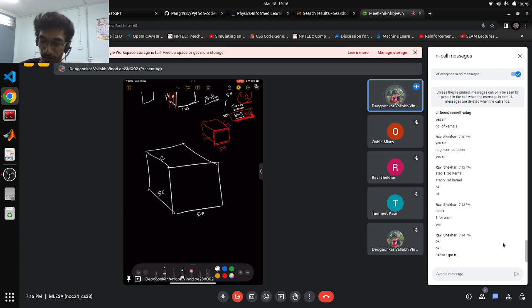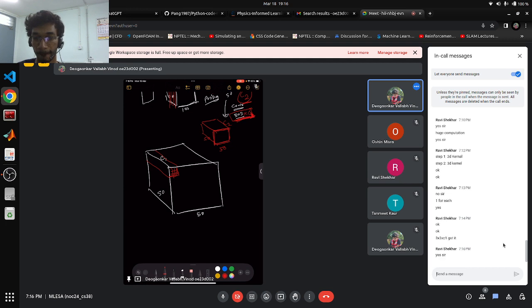So 50 cross 50 cross C1, I took a kernel like this, so it was overlapping on a 3 cross 3 region here. Is that making sense? Yeah.